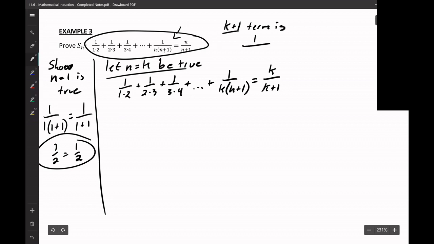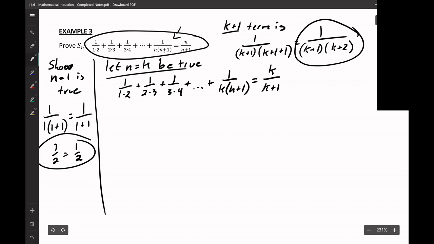So it's 1 over k plus 1 times k plus 1 plus 1, which is equal to 1 over k plus 1 times k plus 2. So this is the k plus 1 term right here, the final term after the kth term.